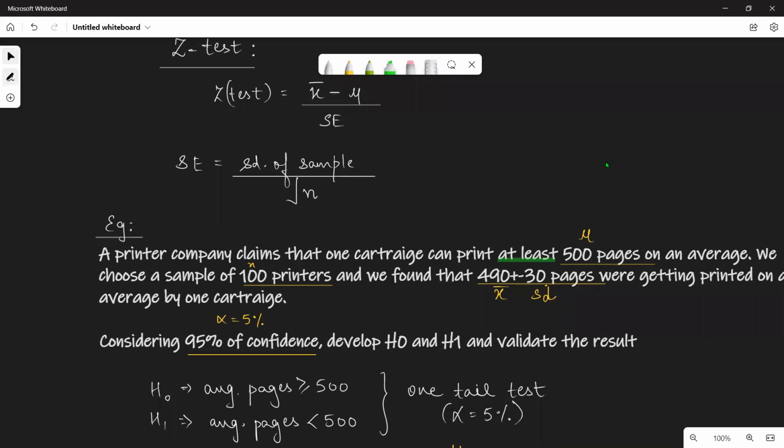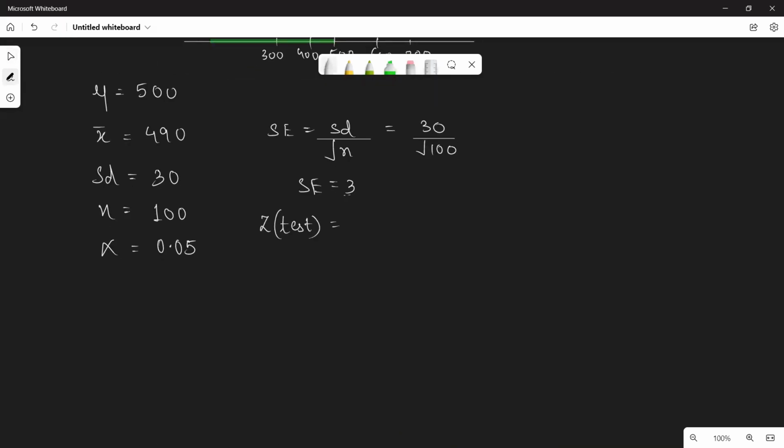X bar is 490, so 490 minus 500 whole divided by 3. So the value of Z test is minus 10 by 3, or minus 3.33. This is one value that you have to remember for the time being.